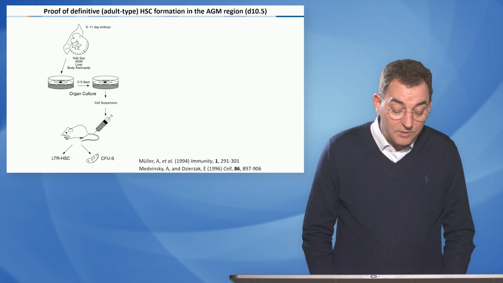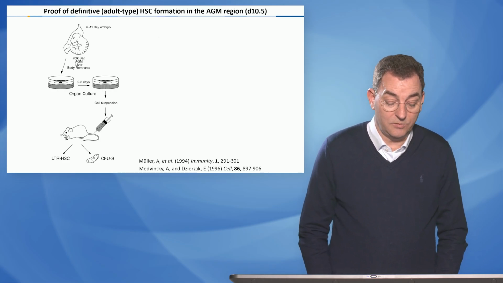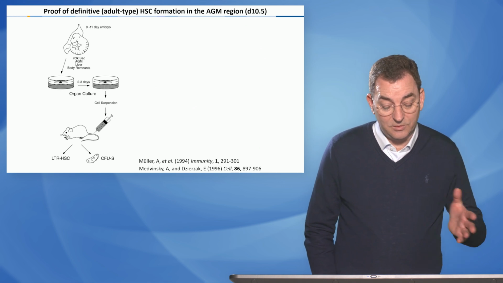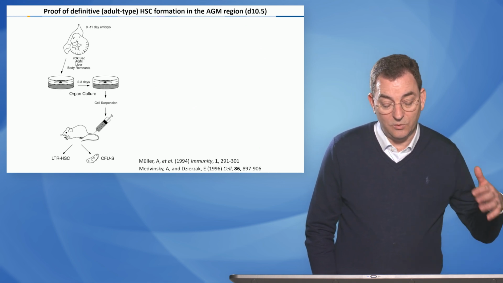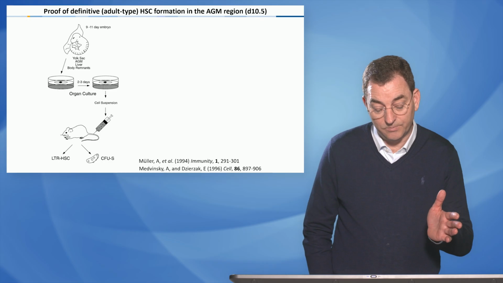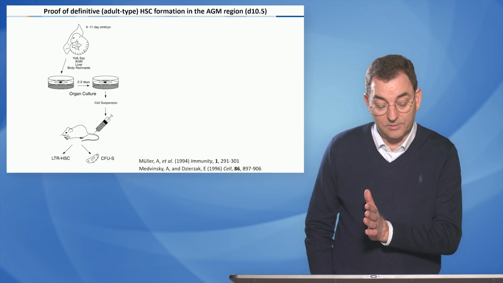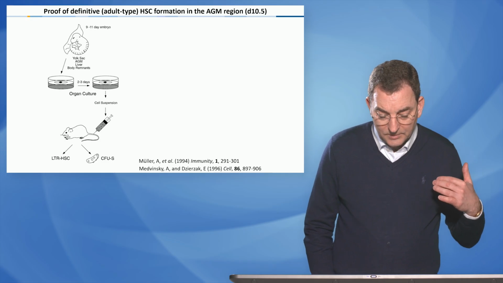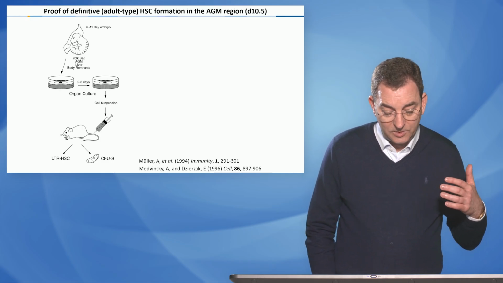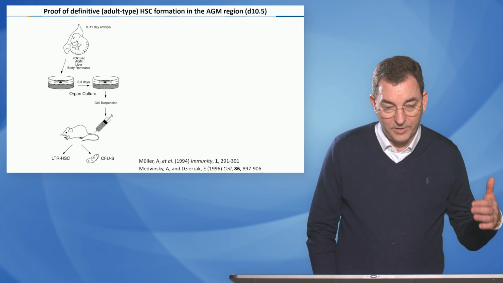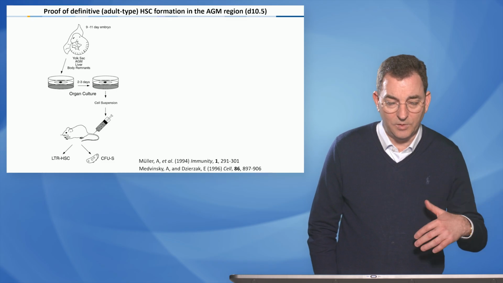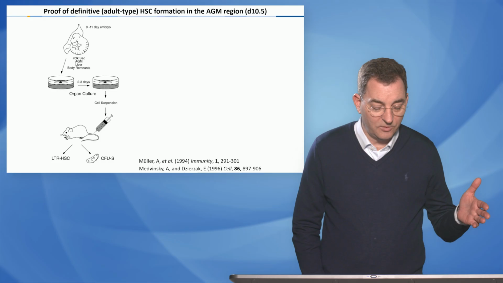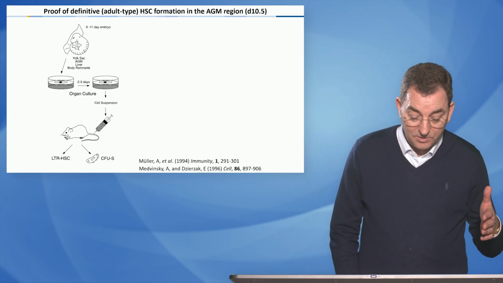Unfortunately, one has to say, they chopped up embryos during certain stages of development and took different areas of the embryo: from the yolk sac, from the AGM region or dorsal aorta, liver, and other parts of the body, cultured them for a short time in vitro, took the cell suspension and transplanted that into irradiated mice, similar to any type of bone marrow stem cell transplantation experiment.